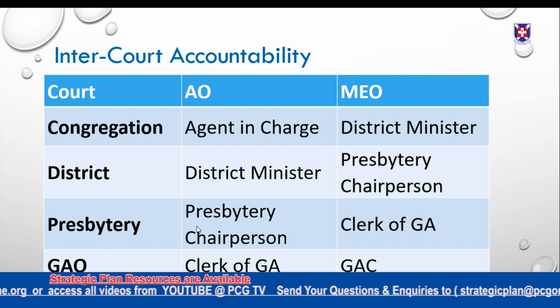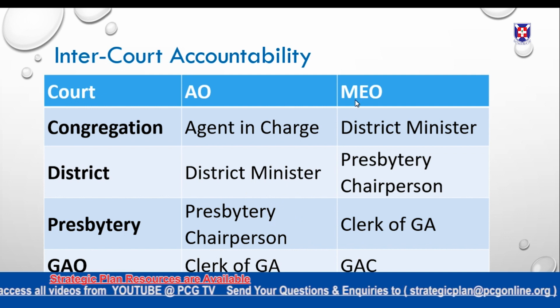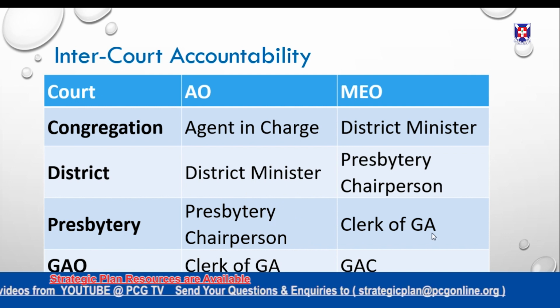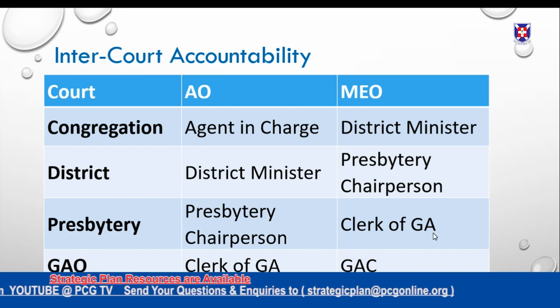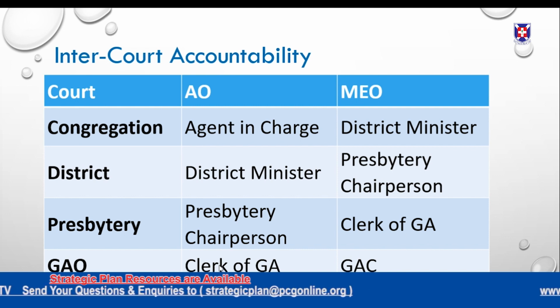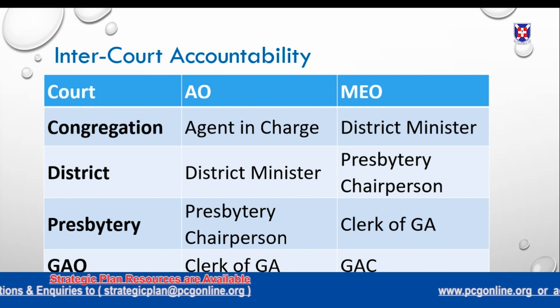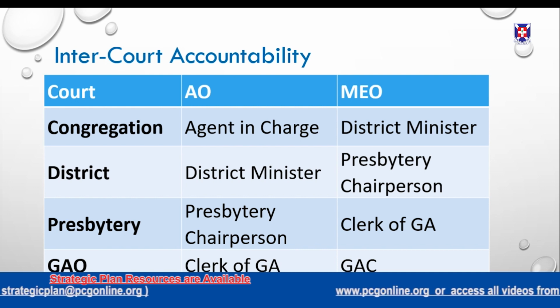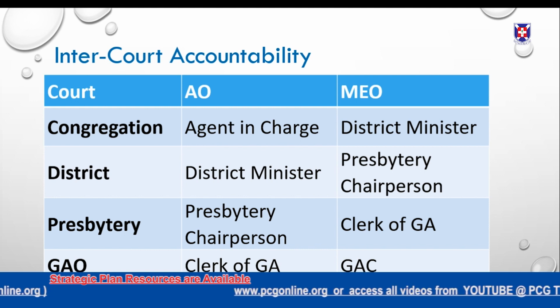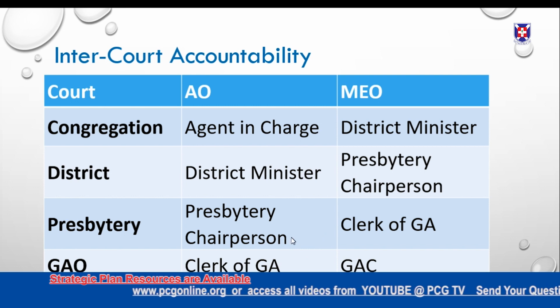He's the most senior person there, and the clerk of GA becomes his monitoring and evaluation officer. In the General Assembly, for the GAO, the clerk of GA is the accountable officer. He manages all the directors to get the job done and is monitored by the GAC. So this is the intercourt accountability system.